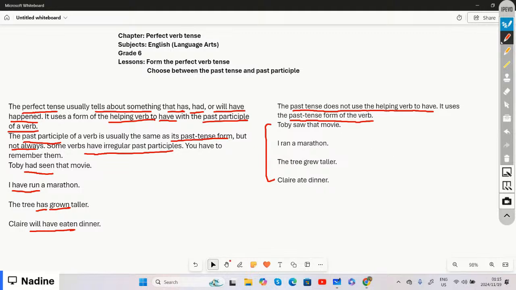It says Toby saw that movie. And if we look at that example, Toby saw that movie. What is our past tense verb within that sentence? We need to identify our past tense verb within that sentence.